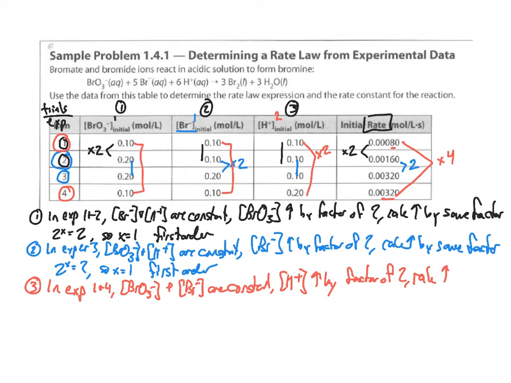Rate increased by factor squared. 2 to the x equals 4, so x equals 2, second order. Okay, so typically they're going to ask a series of questions that all kind of sound the same.